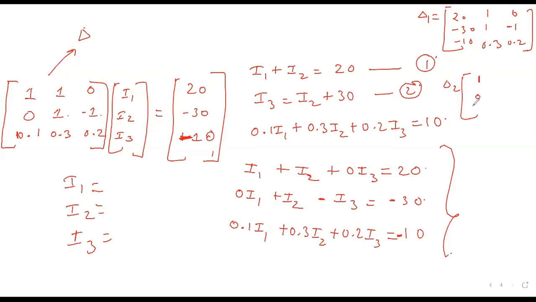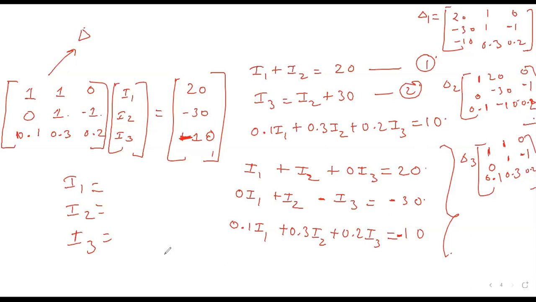So this will be 1, 0, 0.1, 20, minus 30, minus 10, 0, minus 1, 0.2. And similarly, your del 3, your third column will be replaced by this. So this is 1, 0, 0.1, 1, 1, 0.3, 0, minus 1, 0.2. So these are your del 1, del 2, del 3.